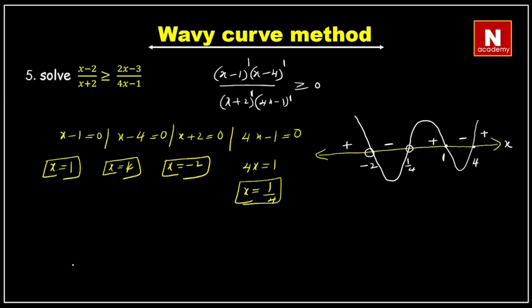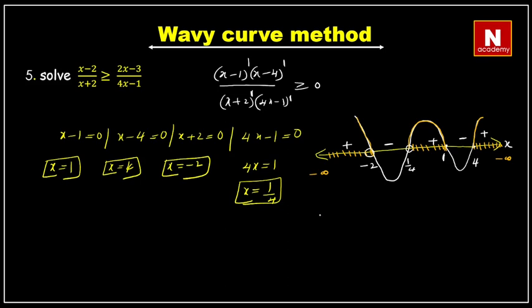Where is it above the x-axis? The graph is above the x-axis here and here also, and this part. That means the values of x are minus infinity to minus 2, and 1 by 4 to 1, and after that 4 to plus infinity.